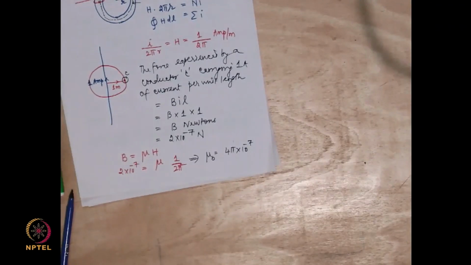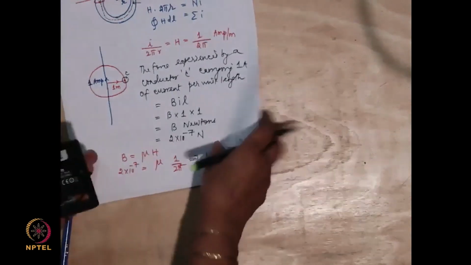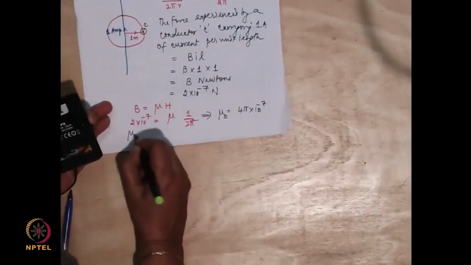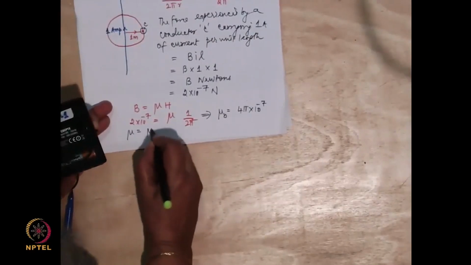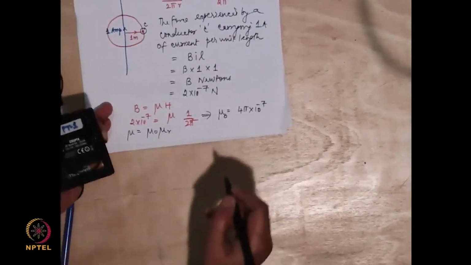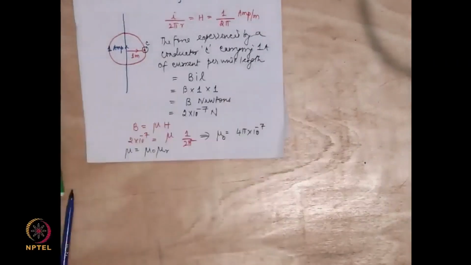Whenever we are looking at any other magnetic material, we are going to have the actual permeability of a magnetic material to be mu naught into mu r, where mu r is known as the relative permeability, and the relative permeability is going to be generally a few hundreds to few thousands, depending upon what kind of material I am looking at, right?